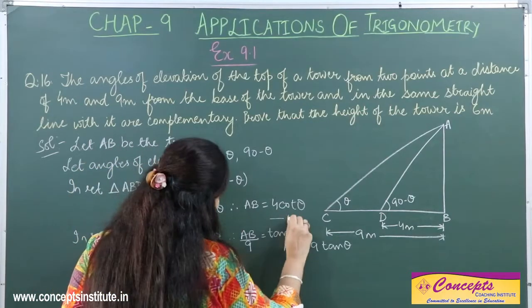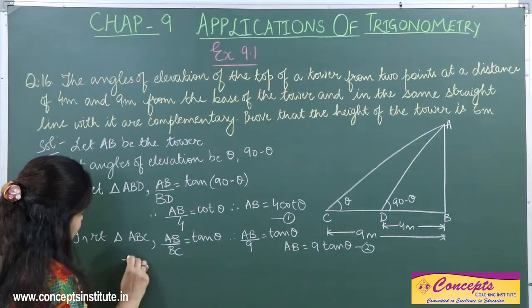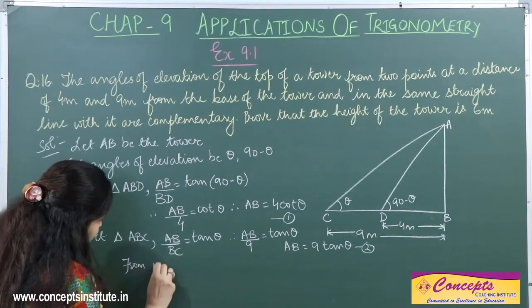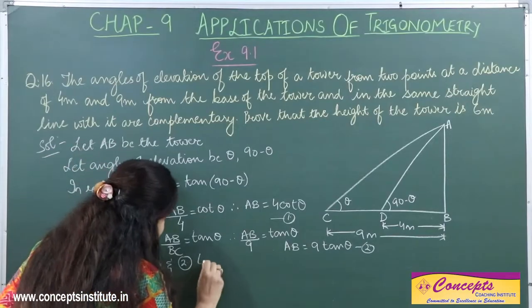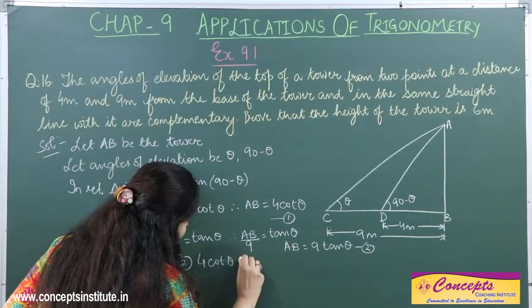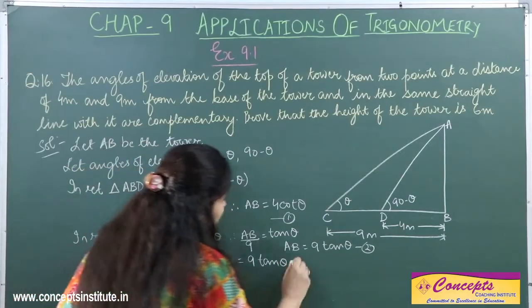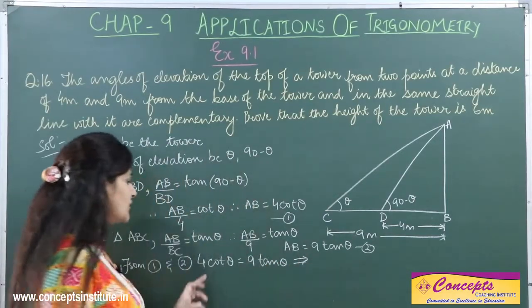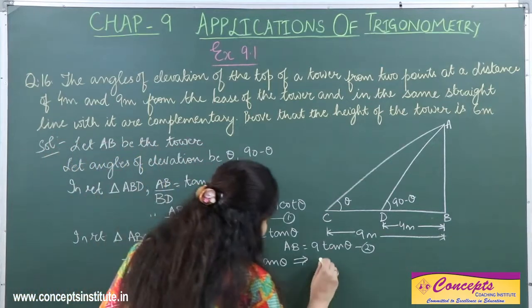If you want to name, you can say these equations as 1 and 2, and then from 1 and 2 what we get is 4 cot theta equals 9 tan theta, isn't it? Now students, what can cot theta be written as? Cot theta can be written as 1 upon tan theta.